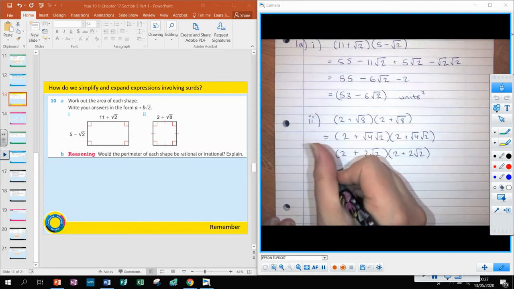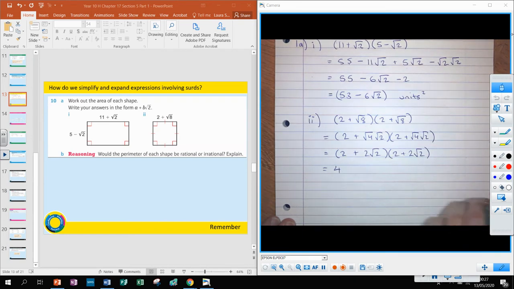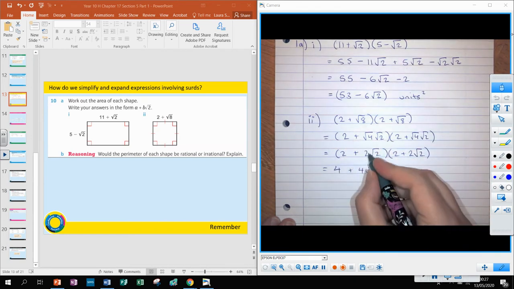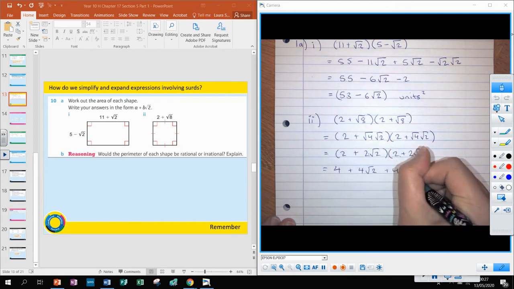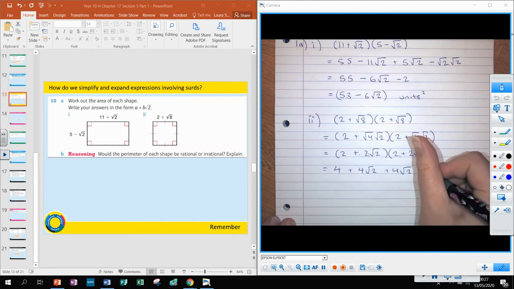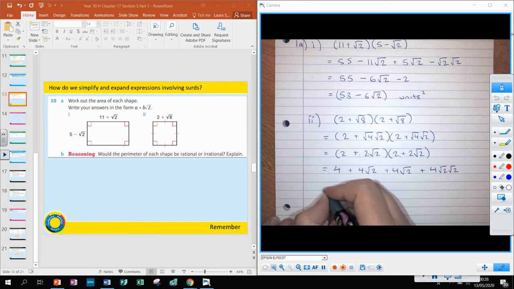So let's do that. 2 times 2 is 4. 2 times 2 root 2 is plus 4 root 2. 2 root 2 times 2 is plus another 4 root 2. And then 2 root 2 times 2 root 2, the 2's multiplied together gives us 4, and then root 2 times root 2.